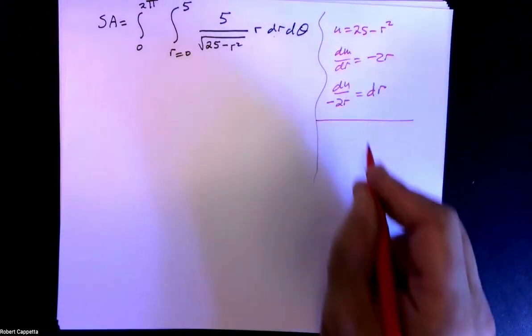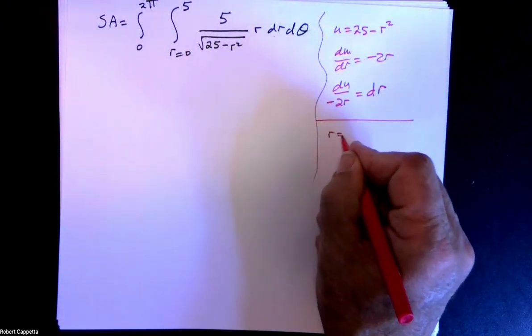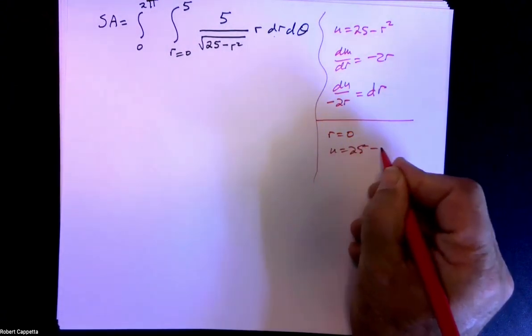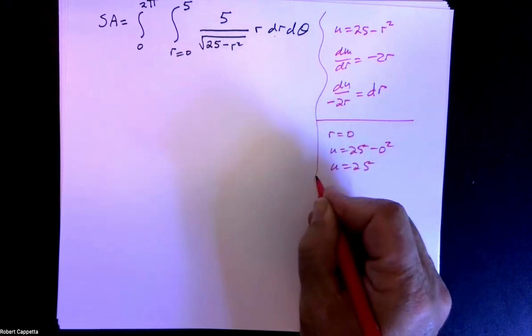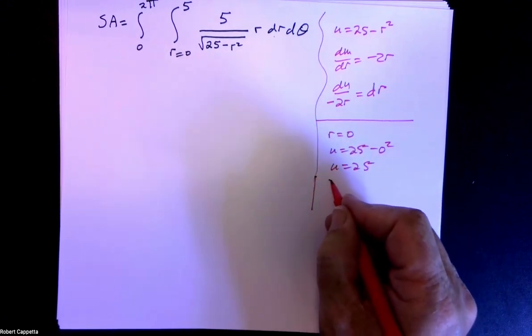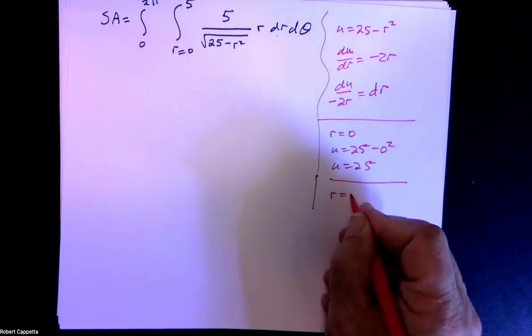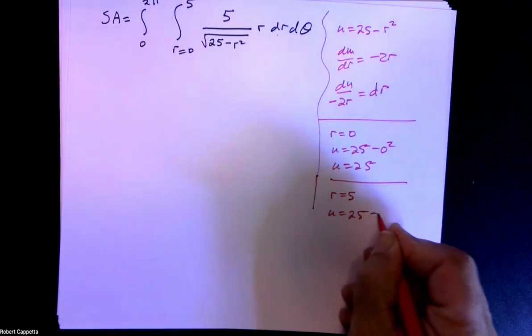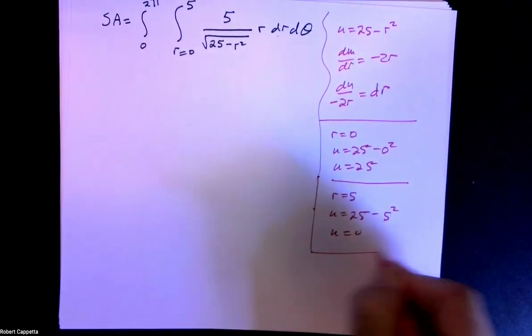And then we're also going to need to change our endpoints. So if r is 0, what is u? R is 0, u is 25 minus 0 squared, u is 25, will be that endpoint. And then if r is 5, what are we going to get? u is 25 minus 5 squared, u is 0.